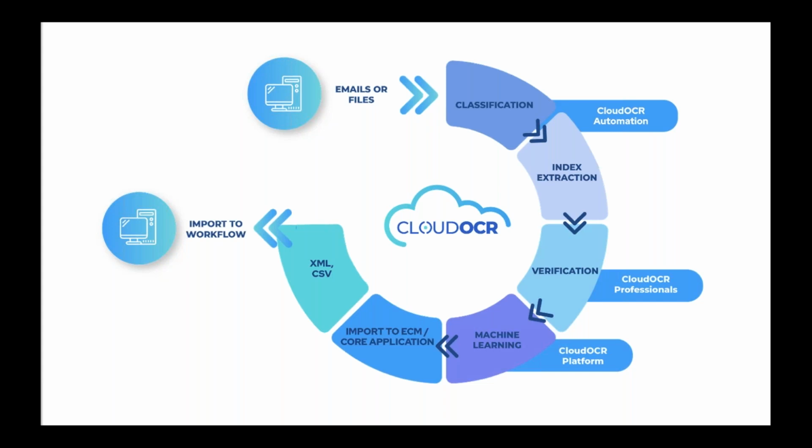When they do that, they're actually teaching the system to pick up that PO number instead of the PO box the next time it comes in. So the next time that invoice comes into CloudOCR, it's probably going to automatically get the correct PO number, but that CloudOCR professional had to correct it that first time that it came in. And so that's really what they're there to do. They're there to optimize everything that is going through that index extraction process and correct it.